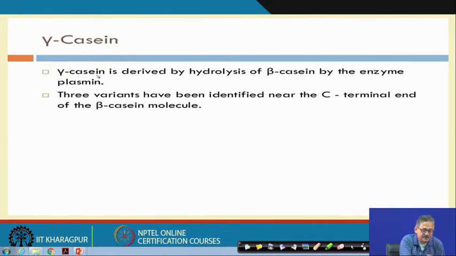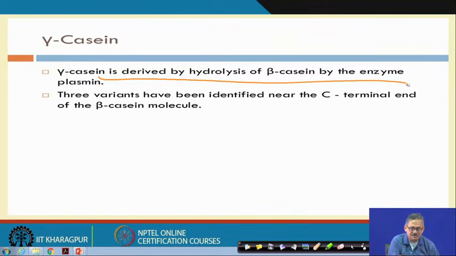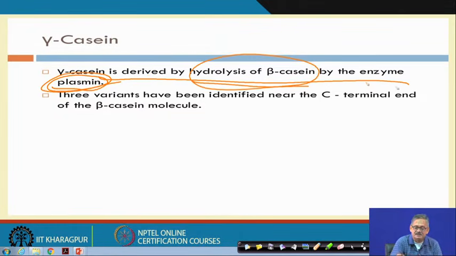Gamma casein is derived by hydrolysis of beta casein by the enzyme called plasmin.